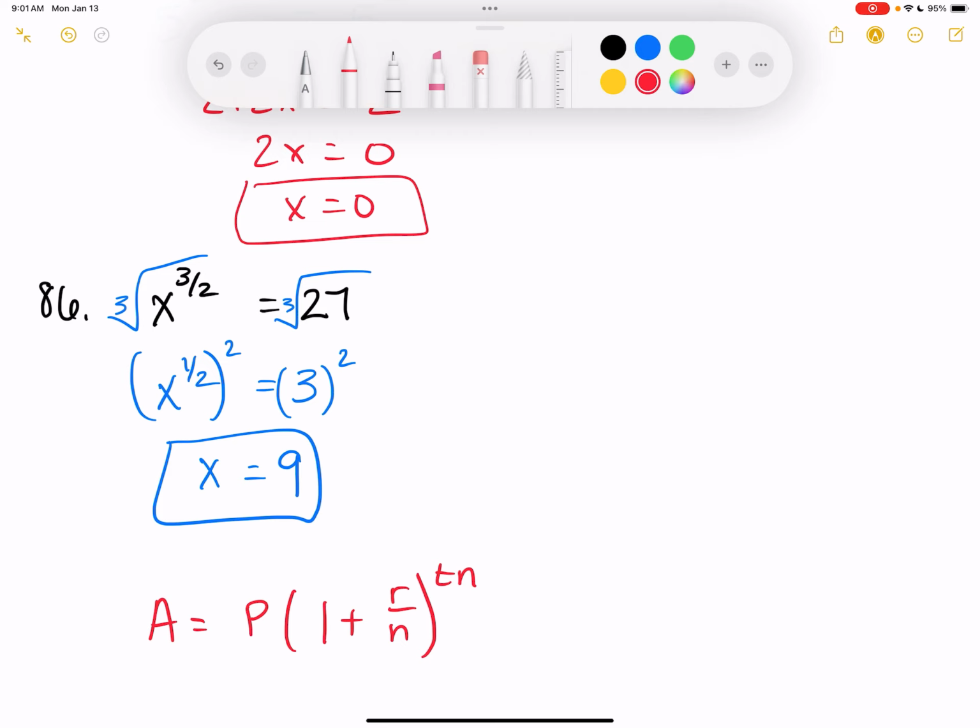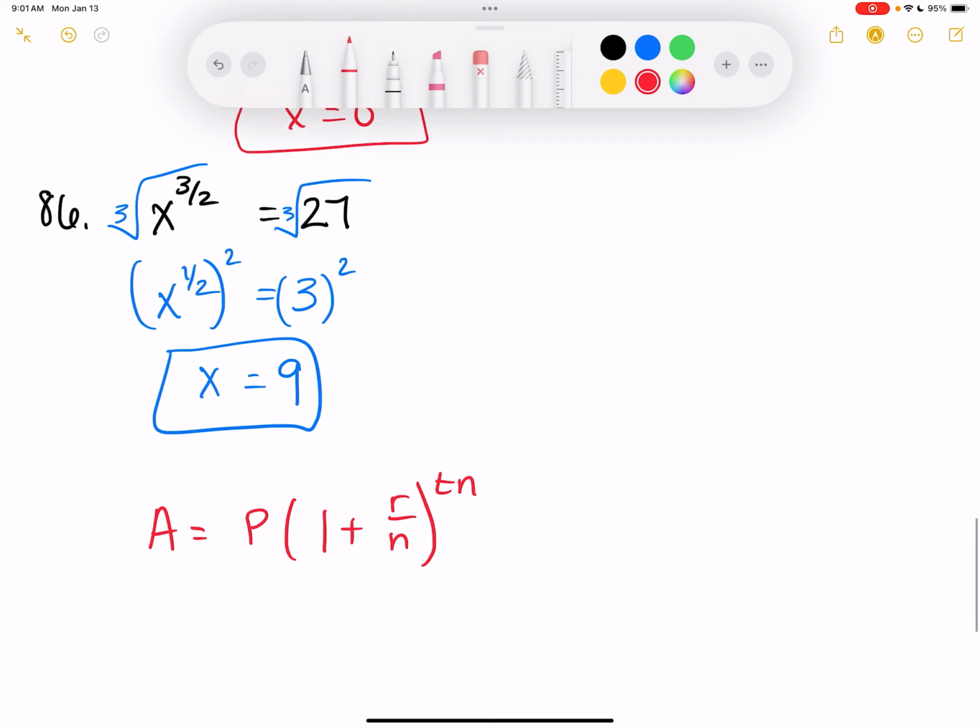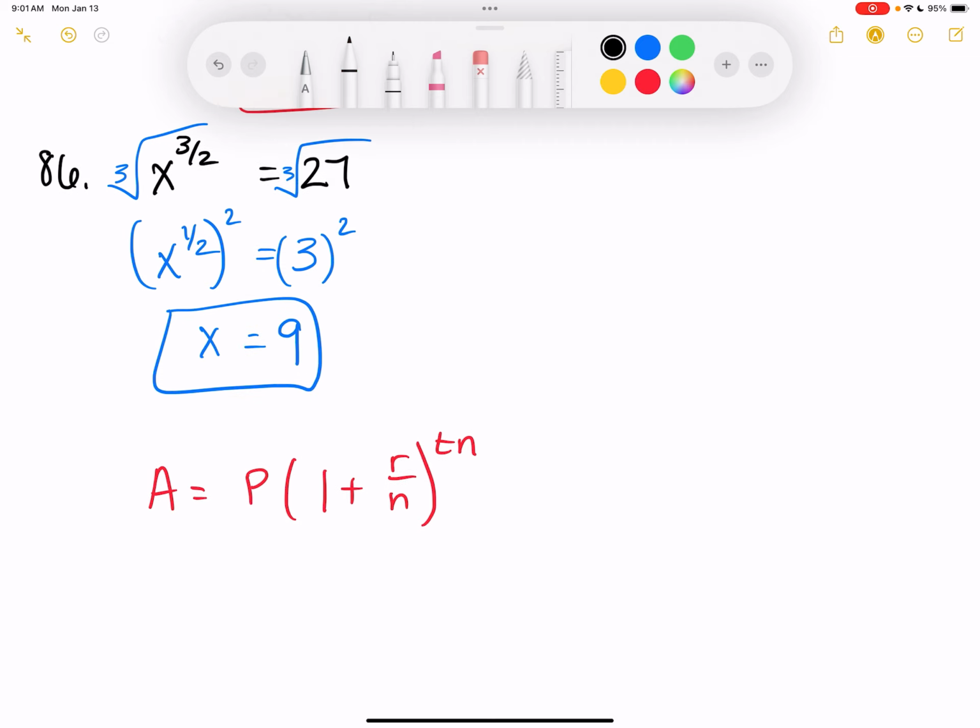Anyways. So number 100, word problem here.